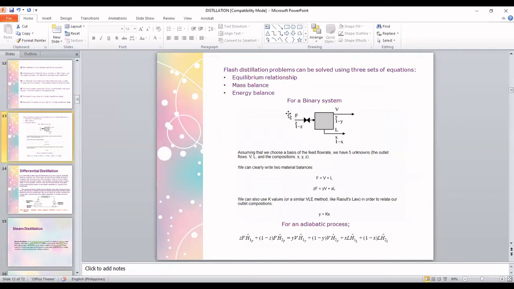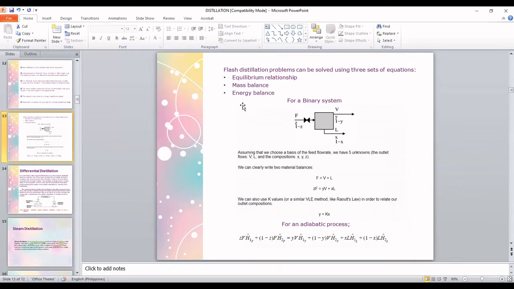Now, flash distillation problems can be solved using 3 sets of equations, though we don't discuss it in detail here because if that is the case, we will probably need the entire midterm just for distillation. Just to give you an idea why it's so complex and challenging, aside from the mass balance, which we employ in distillation, you will also use energy balance.